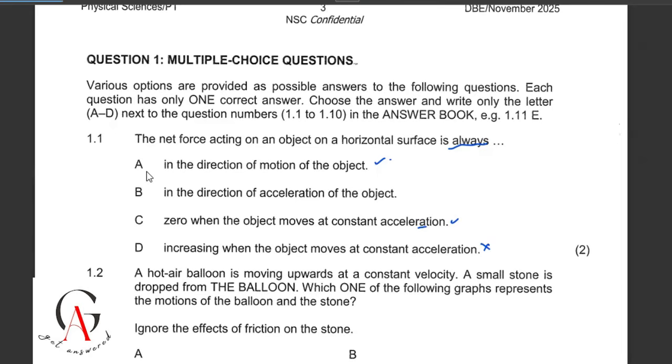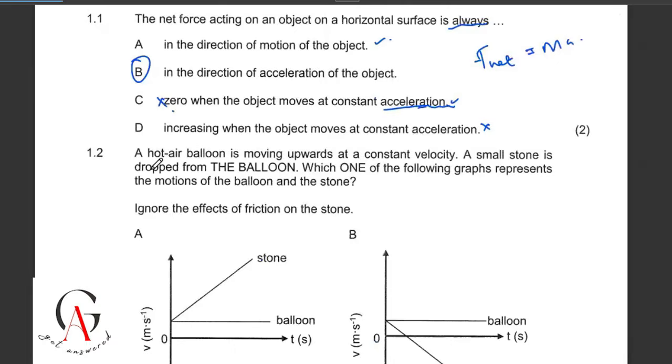Or this is not, we know that F net is equal to ma. So if the object is moving at a constant, no, it has to be constant velocity for the net force to be zero. So this one is out. Net force is in the direction of acceleration. I'll take B as the most correct.